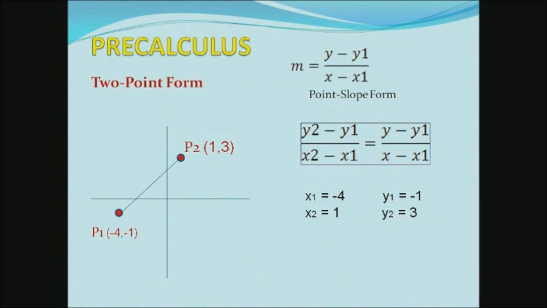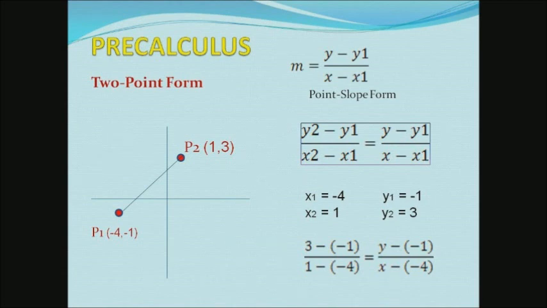Then, by substitution, we will now have 3 minus negative 1 all over 1 minus negative 4 equals y minus negative 1 all over x minus negative 4.